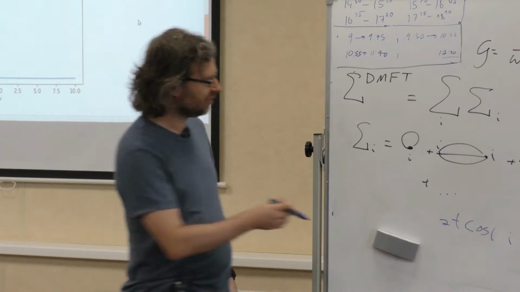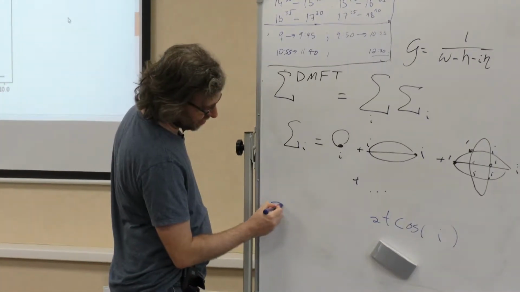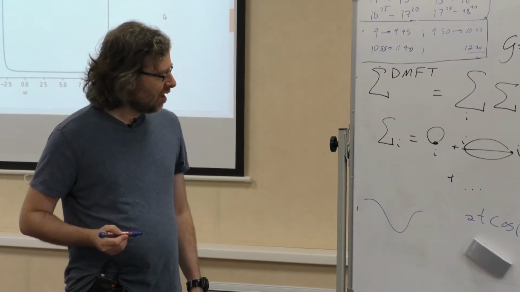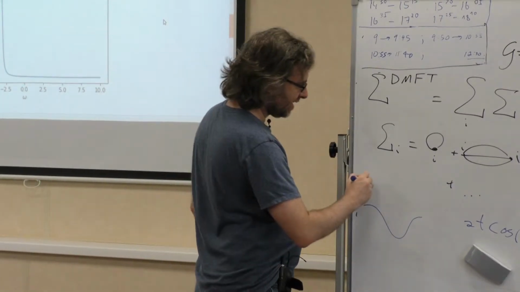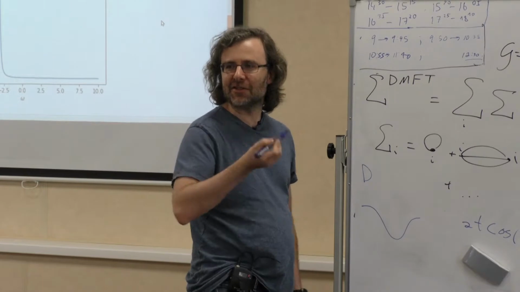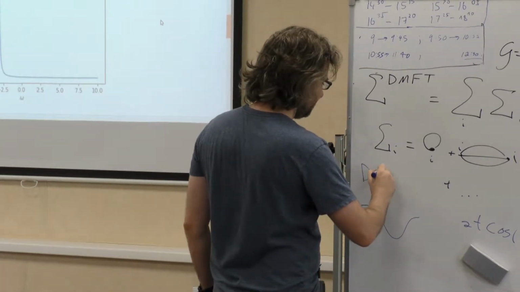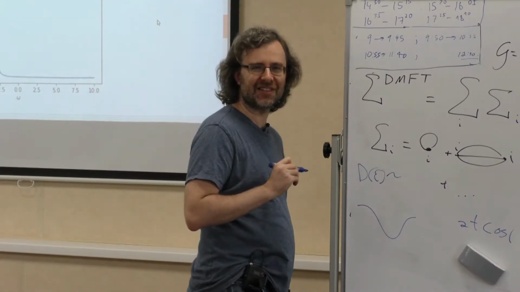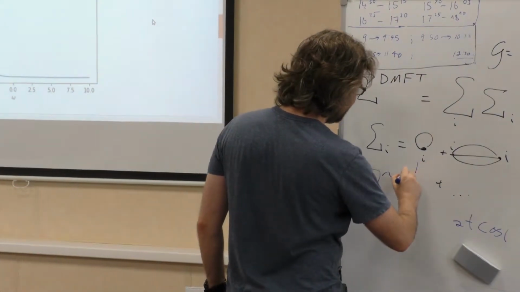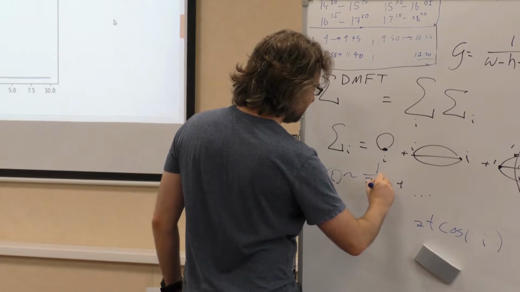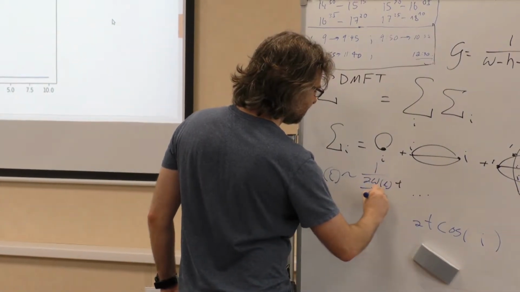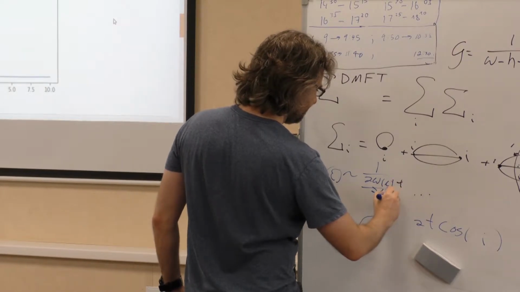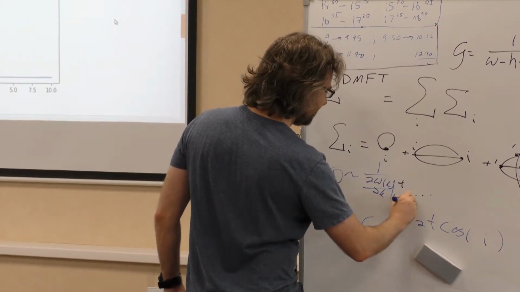So if your dispersion is a cosine, then your density of states, which is essentially the spectral function here, you should know this from your solid state textbooks, should be something like 1 over d omega over dk, at k equals k of omega.